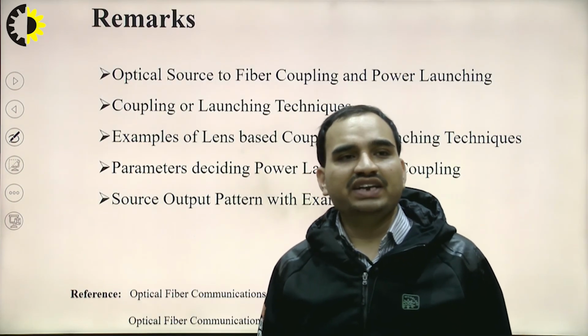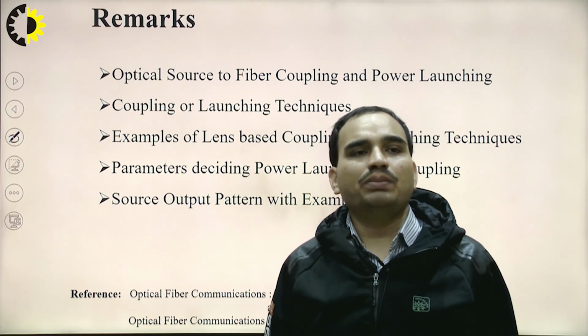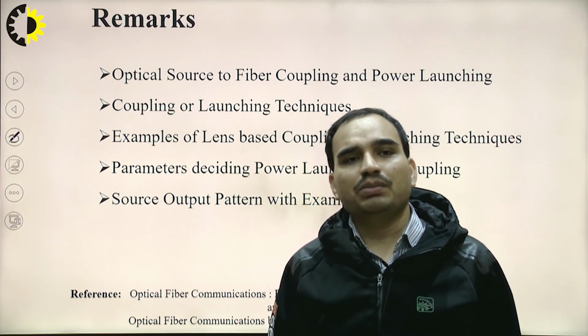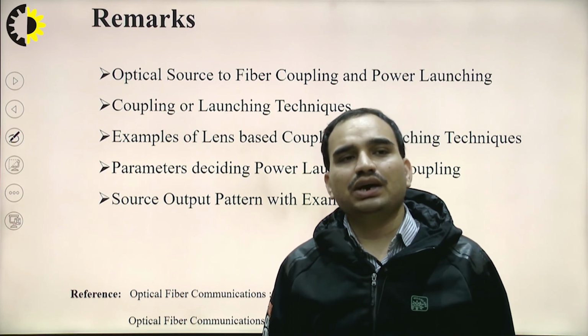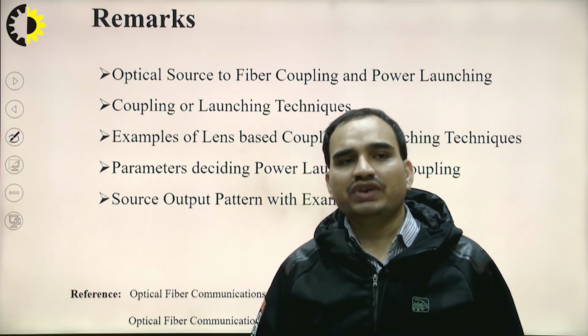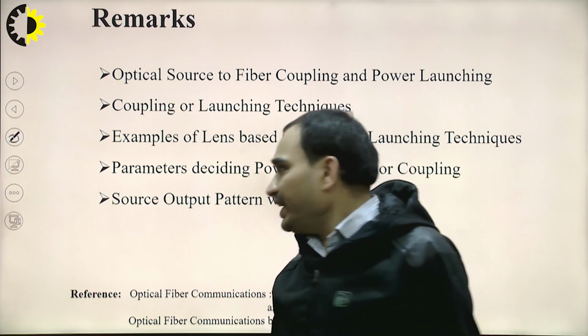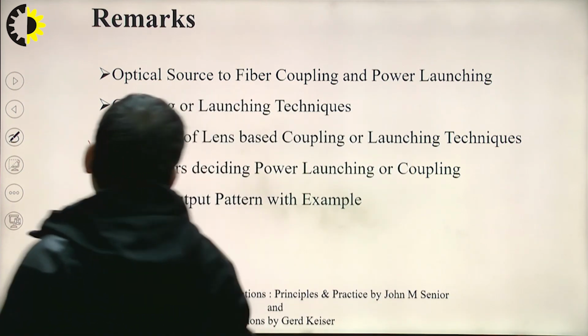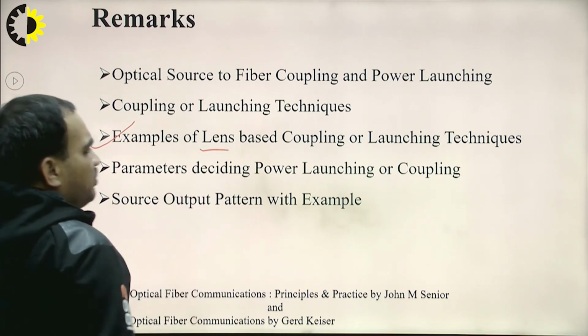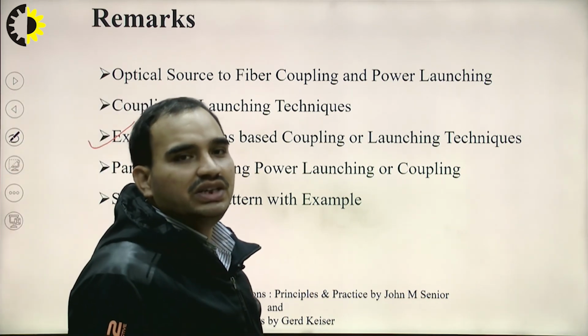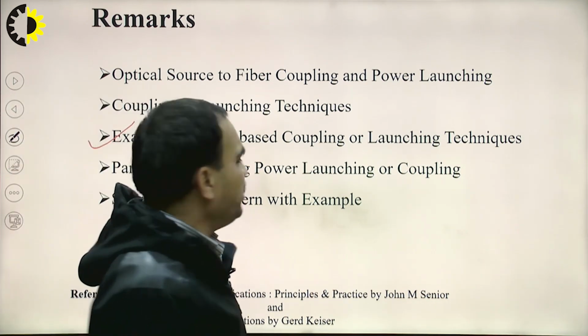In this lecture, we have discussed the optical source to fiber coupling and the launching techniques. Then we discussed the coupling or launching technique, how we can couple, and different examples, including how we can use a lens based system for coupling the power from the LED to the fiber.